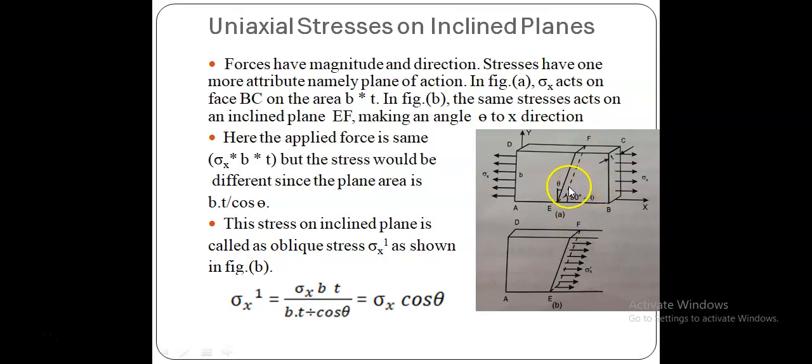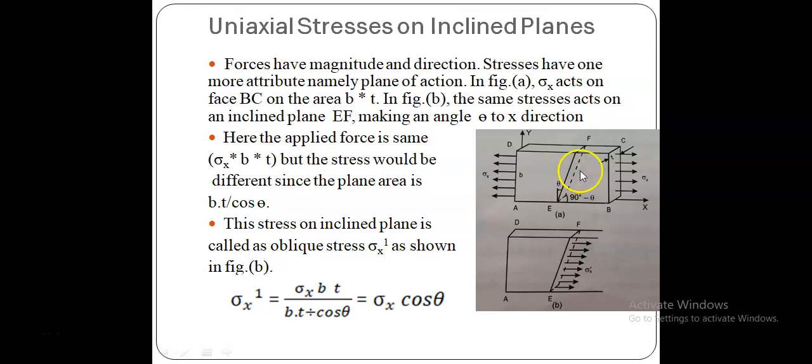From force equilibrium, the force on one plane, sigma x into b into t, equals the force on this plane, sigma x dash into b by cos theta into t. We equate these two. From this, sigma x dash equals sigma x b t divided by b t divided by cos theta, which gives sigma x dash equal to sigma x cos theta.